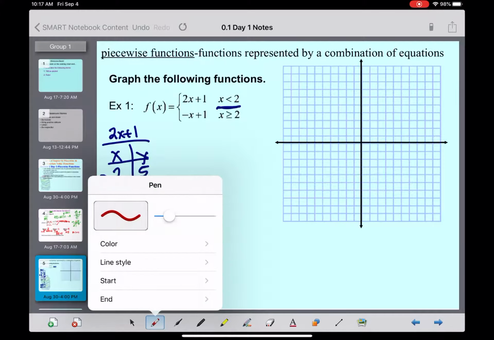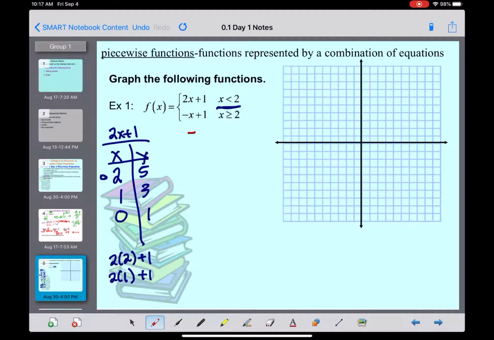The second line is going to have the equation negative x plus 1, and I'm going to have an XY chart for this one. Again, I'm starting at 2, but in this case, because it has the equal sign, this is going to be the closed circle.